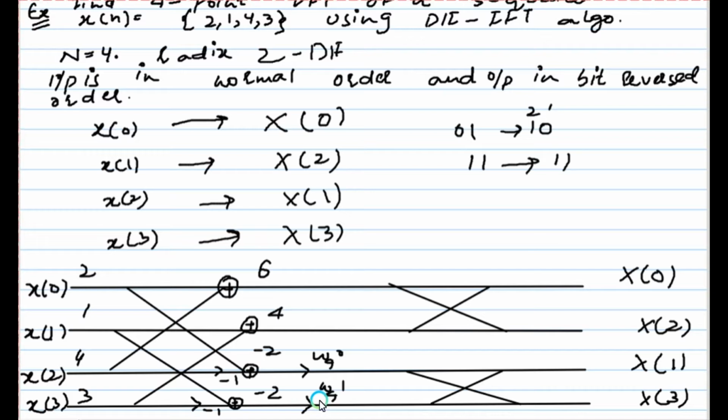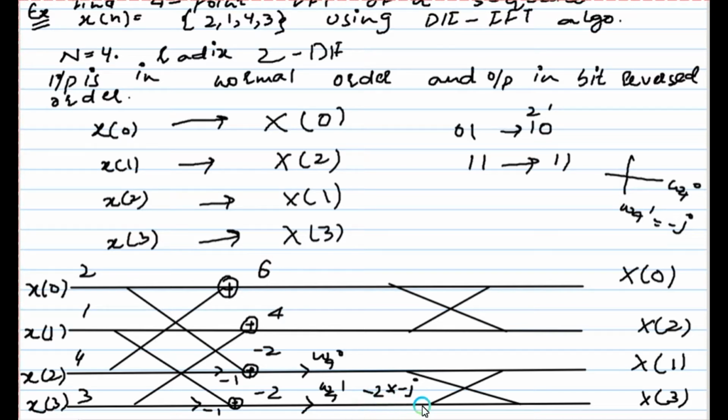W41, if we draw the graph here, this is W40 and this is W41. So W41 is minus J. So I will get minus 2 into minus J, which will become 2J.